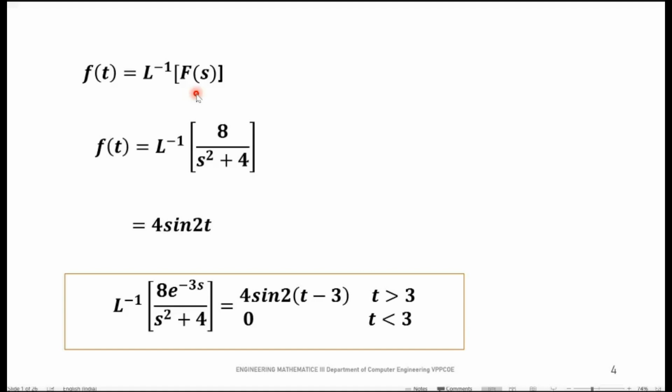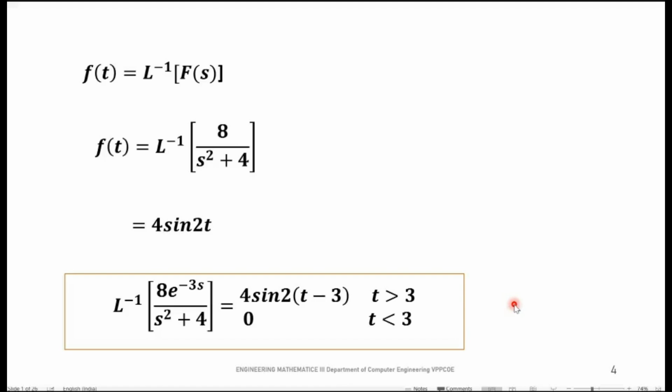Any doubt in this problem using the second shifting property? We have to always compare the problem with e raised to minus as into f of s, from which we write a and f of s. Then we take the inverse of f of s to get f of t, and wherever f of t appears, we put t minus 3 in place of t.